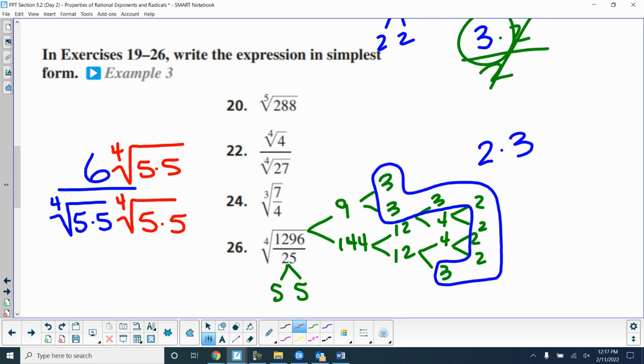On the bottom, denominators, right? So that's why I need 4 of them. Okay? So the bottom ends up being what? 4 5s, the 4th root of 5 to the 4th is 5. Okay? And then it's just 6 times the 4th root of, what's 5 times 5? 25. Okay?